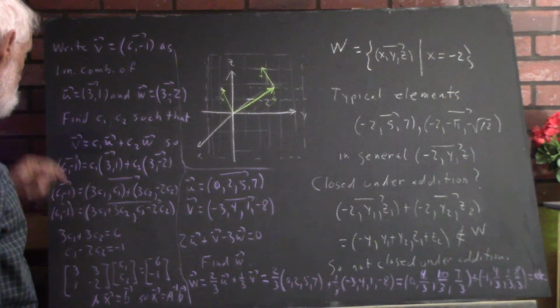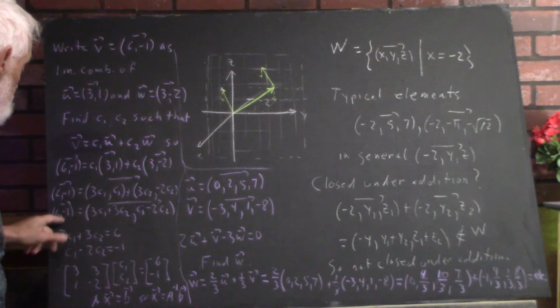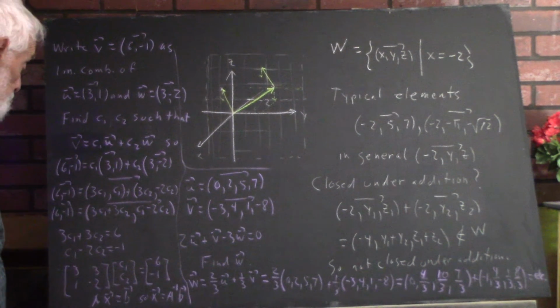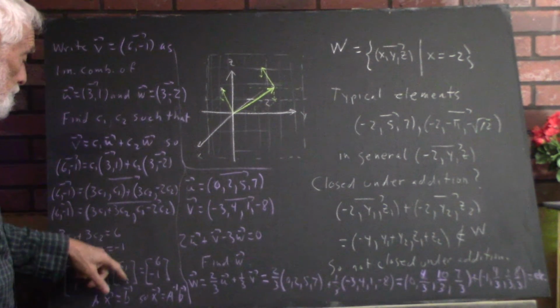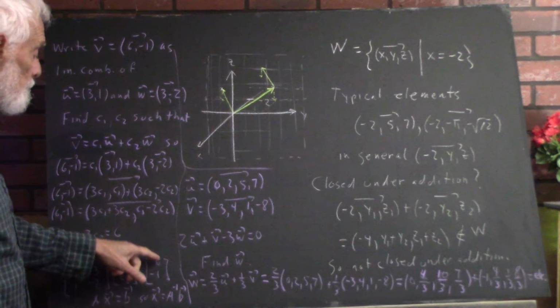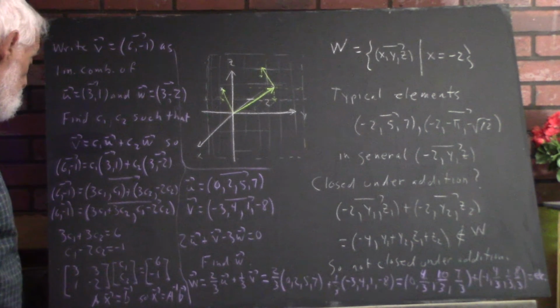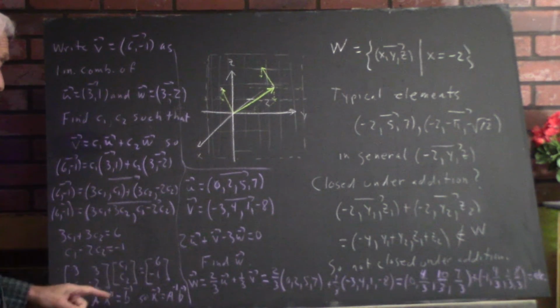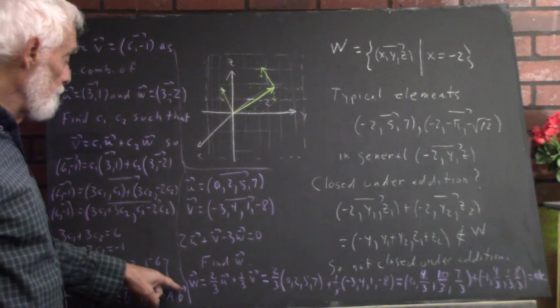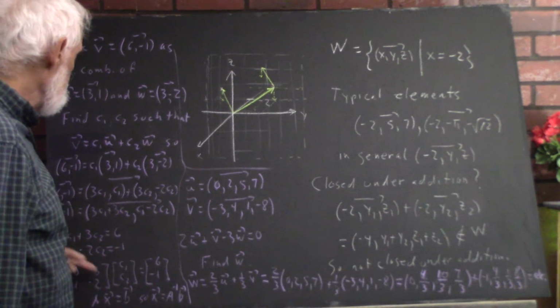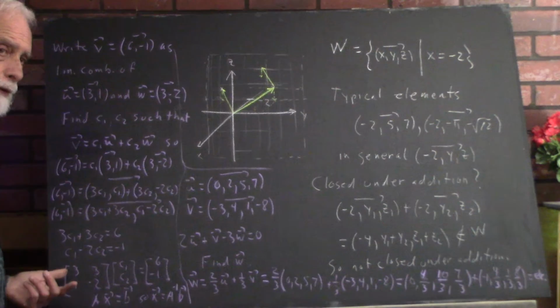This is equivalent to the matrix equation: the matrix [3, 3; 1, negative 2] times the vector (C1, C2) equals the vector (6, negative 1). This can be written as AX equals B, so that X equals A inverse B, provided this matrix is invertible.